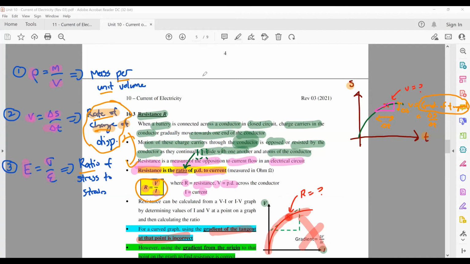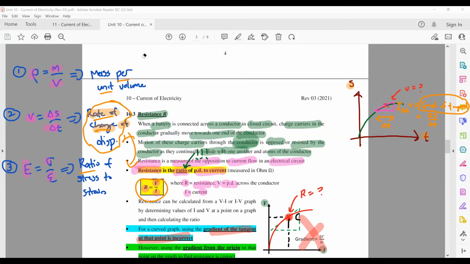What you would have to do is, at this point specifically, find out the value of V and the value of I. Sorry, I'll write it in proper coordinate form for you.